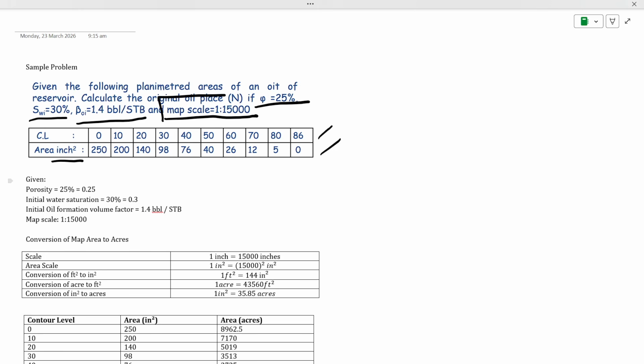By using this map scale. In this problem, I already provided the conversion factor of inches squared to acres, and this is it. Using that conversion factor, we can directly convert those areas in inches squared into acres.